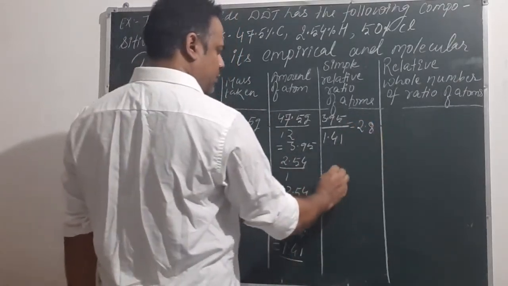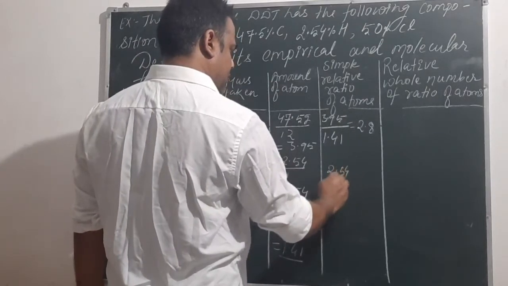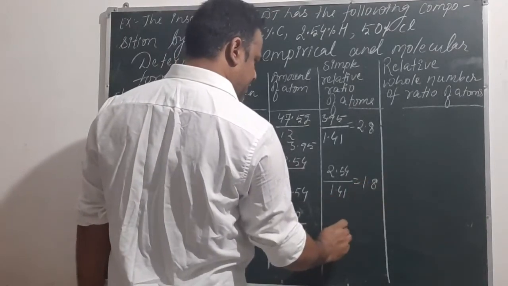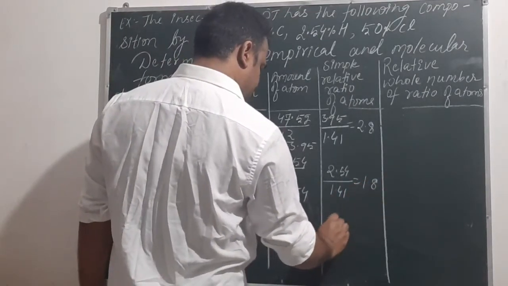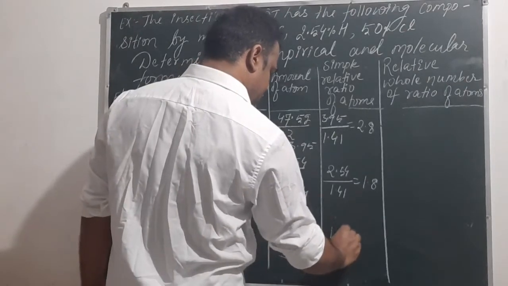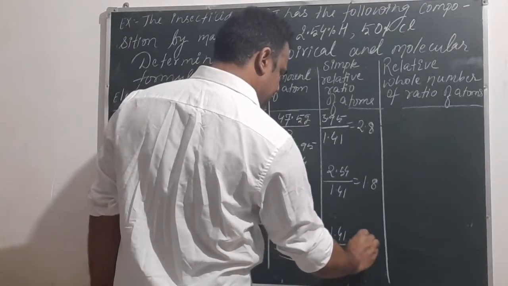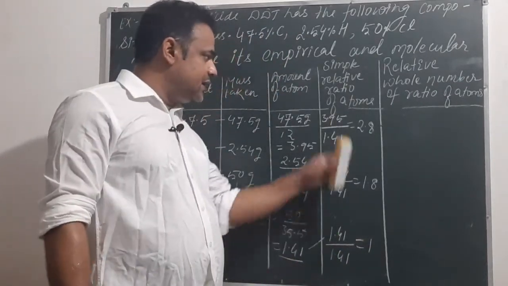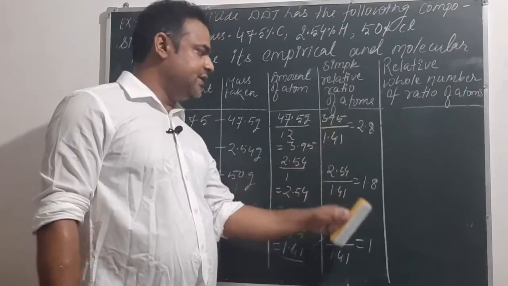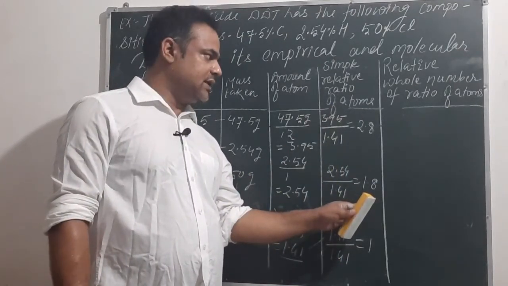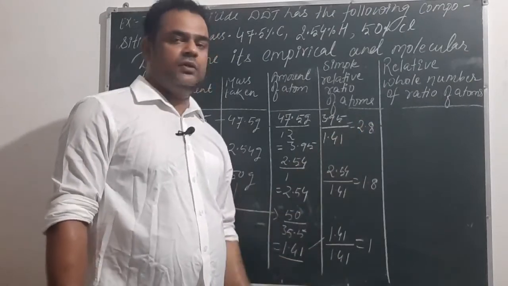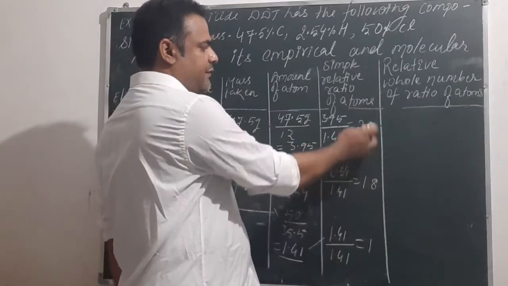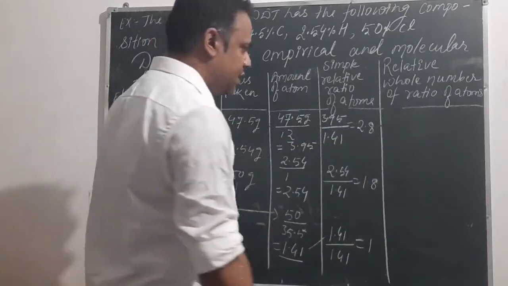If we divide 2.54 by 1.41 we get 1.8, and if we divide 1.41 by 1.41 we get 1. We can clearly see that these values are not integers. So the last step is that if they are not integer values, we have to multiply by a suitable number. Here there is 8, so if we multiply by 5 we'll get integer values.